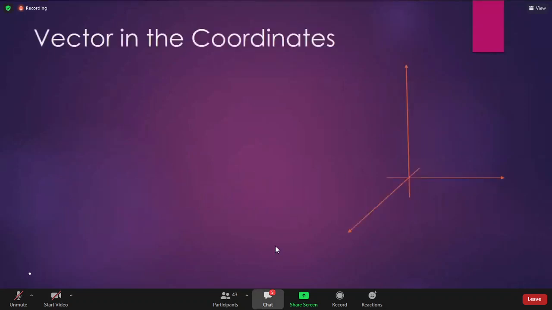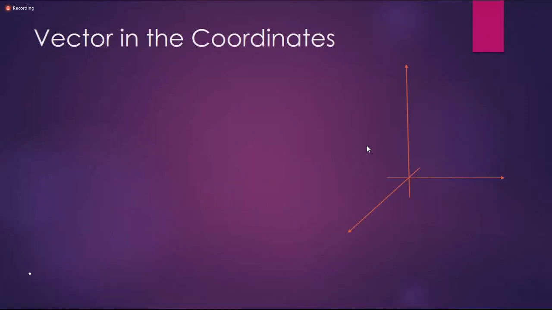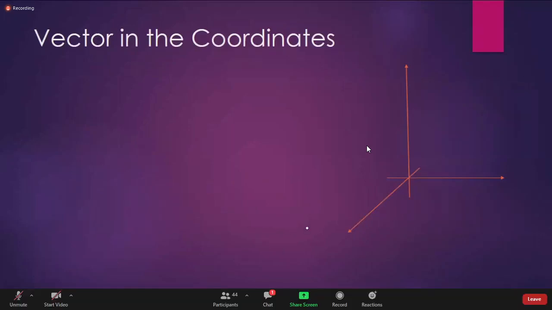And so, vectors in coordinates. Today we are going to talk about vector coordinates. Vector coordinates are a little bit different from point coordinates. However, let's start where we are here. Suppose we have a three-dimensional system of coordinates.